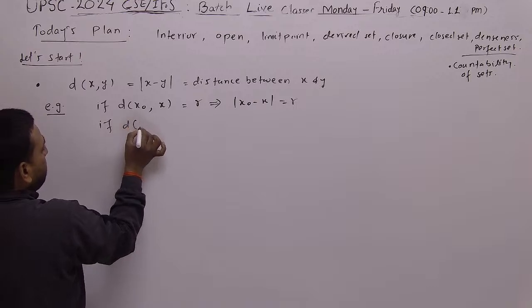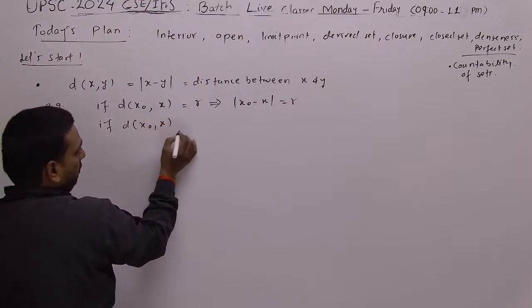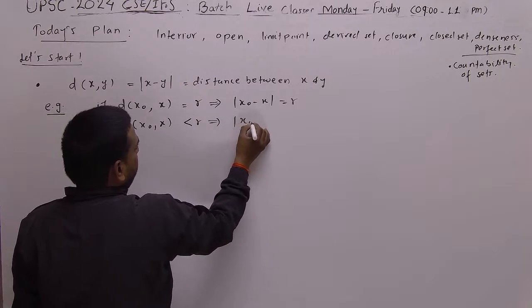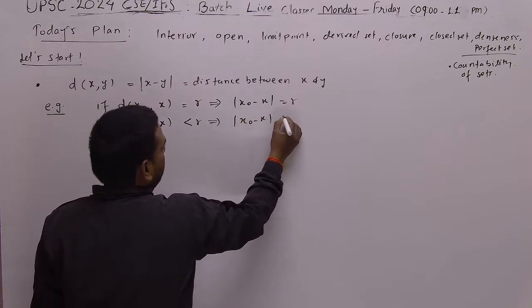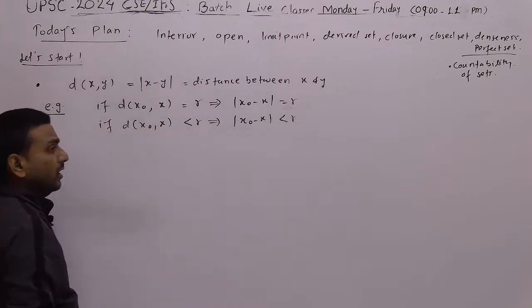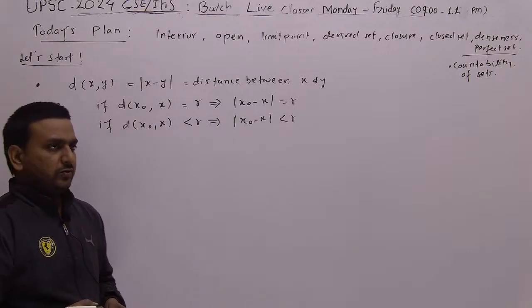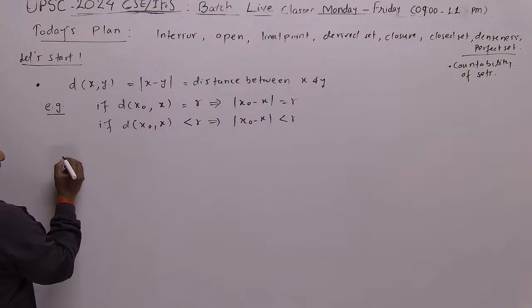If I say d of x naught, x is less than r, this simply implies modulus of x naught minus x is less than r. And why I have started from here, I would like to introduce that as well.